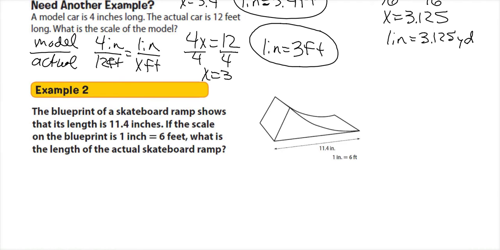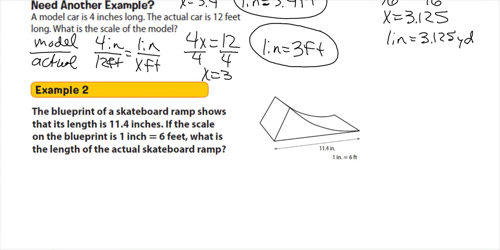Okay. So now let's take a look at example 2. It says the blueprint of a skateboard ramp shows that its length is 11.4 inches. If the scale on the blueprint is 1 inch equals 6 feet, what is the length of the actual skateboard ramp? All right. So again, it's model over actual.